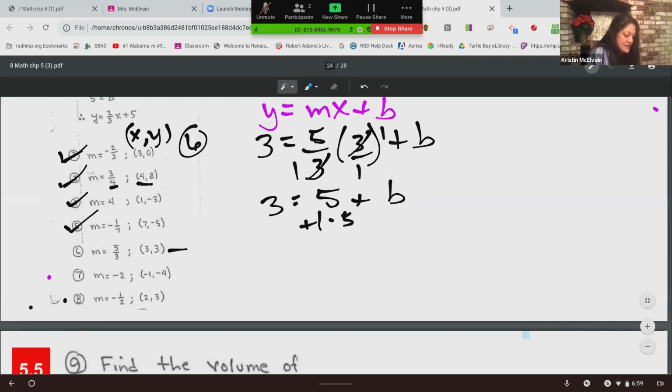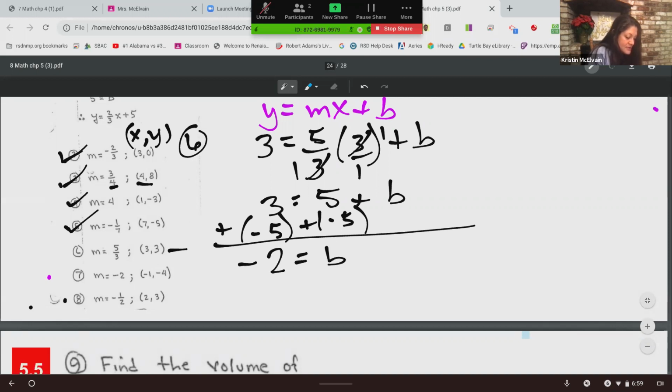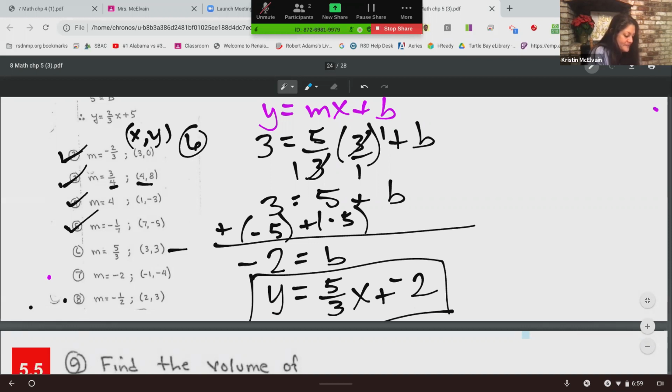Add the opposite. That gives us -2 equals b. So our equation is y equals 5/3 x plus -2. Number 6. Two more.